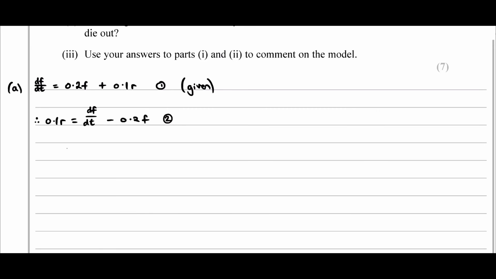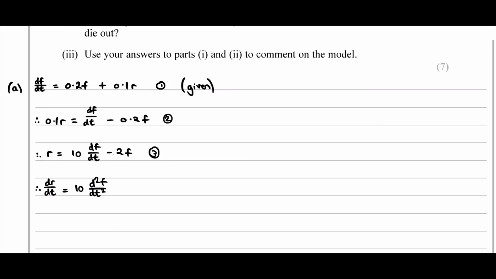And if I multiply through by 10, R is equal to 10 dF/dt minus 2F. We'll call this equation 3. And we can differentiate this with respect to t. So dR/dt will equal, if I differentiate 10 dF/dt with respect to t, we end up with 10 d squared F over dt squared.